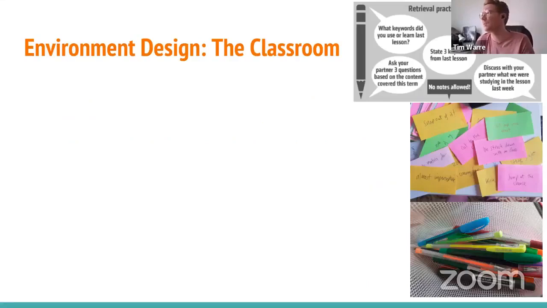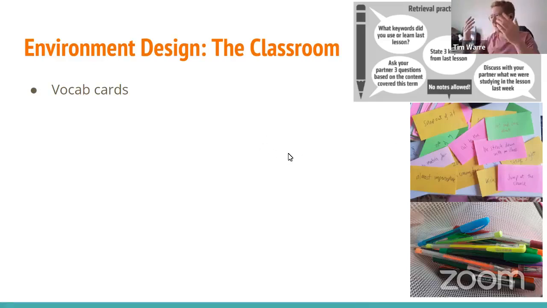So we can apply this to the classroom with some elements of environment design, so designing the classroom to encourage good habits. For years, I've been using vocab cards like this. On the right, we have different colors. Teaching C2 and C1, there's lots of idiomatic expressions that come up: jump at the chance, snap out of it, cut to the chase, all things like this.